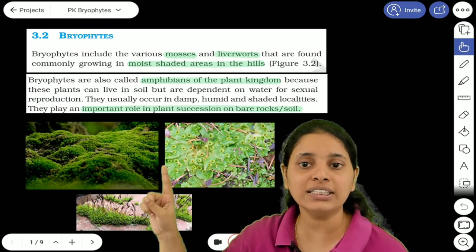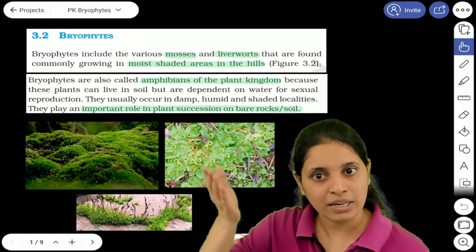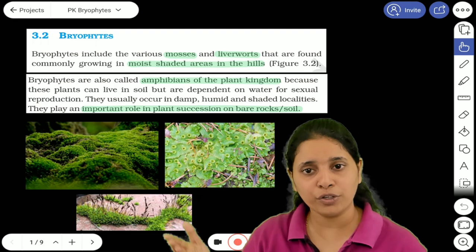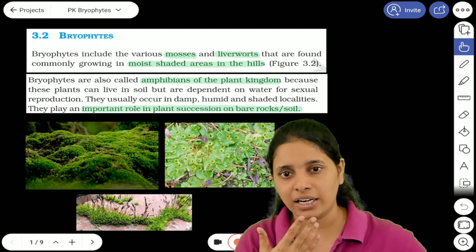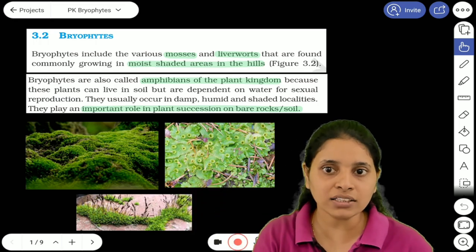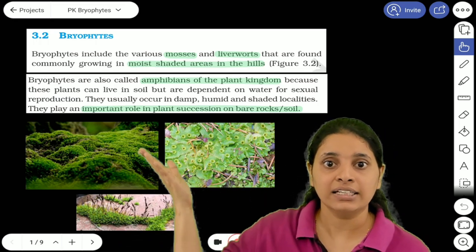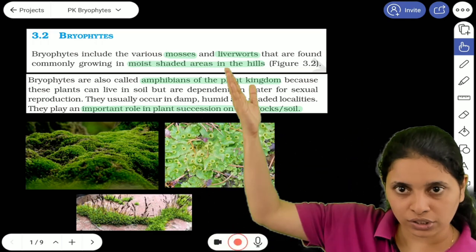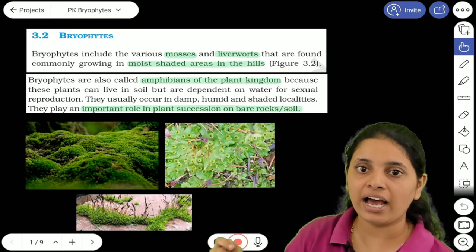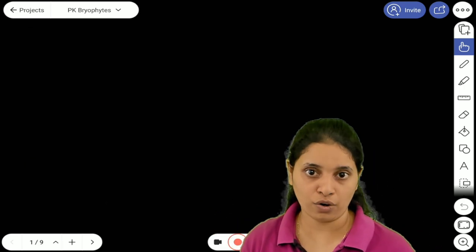Mosses also grow on these rocks and initiate the succession process, and ultimately, after thousands and millions of years, a forest ecosystem forms. So to start the process, you need lichens and mosses. Obviously we can say that bryophytes, which include these mosses, are ecologically very important because they have an important role to play in plant succession on bare rocks.